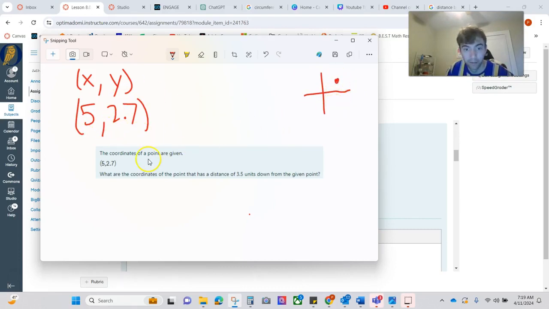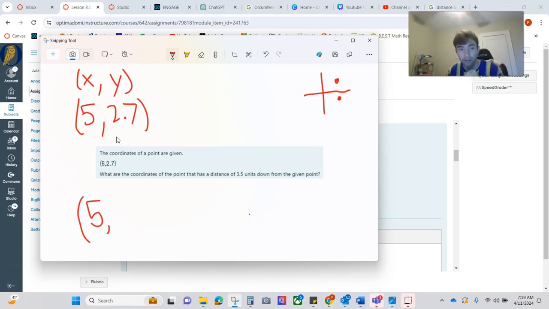And we go down 3.5, that would be maybe right here, right? Going down. We're not going to the left, we're not going to the right. So this first number should stay the same, but the second number changes.